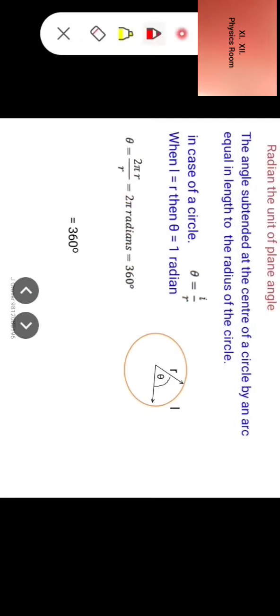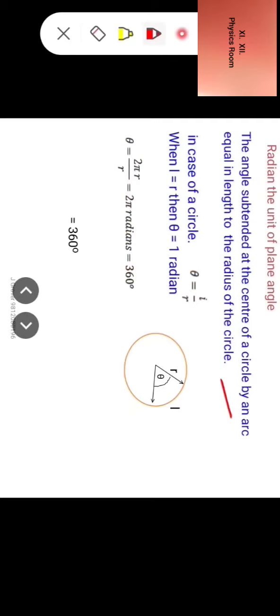So first we take up radian. How do we define radian? The angle subtended at the center of a circle by an arc equal in length to the radius of the circle is defined as radian.